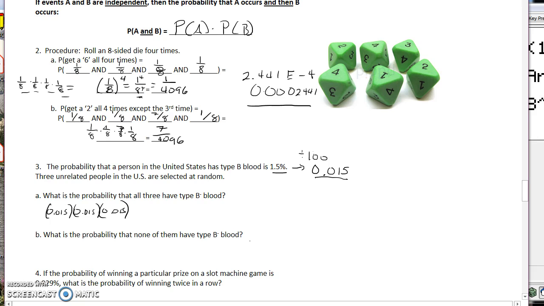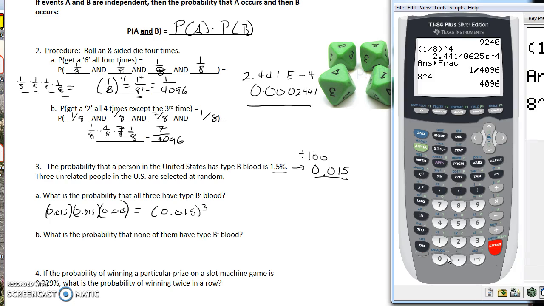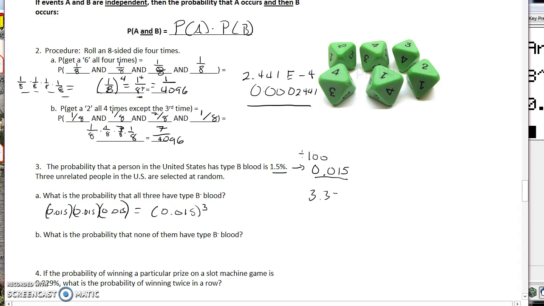Okay, so in this case, that's the same thing as 0.015 raised to the third power. 0.015 raised to the third power gives us that. And then again, be focused on this e negative 6. That's telling you you need to move that decimal place over 6 places. So 3.375 e negative 6.